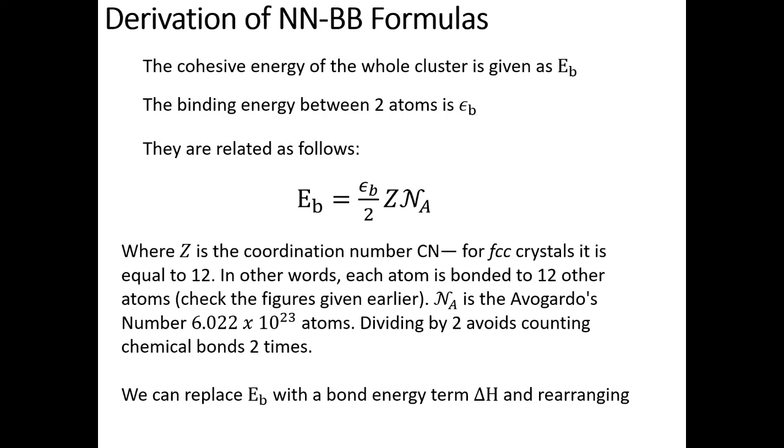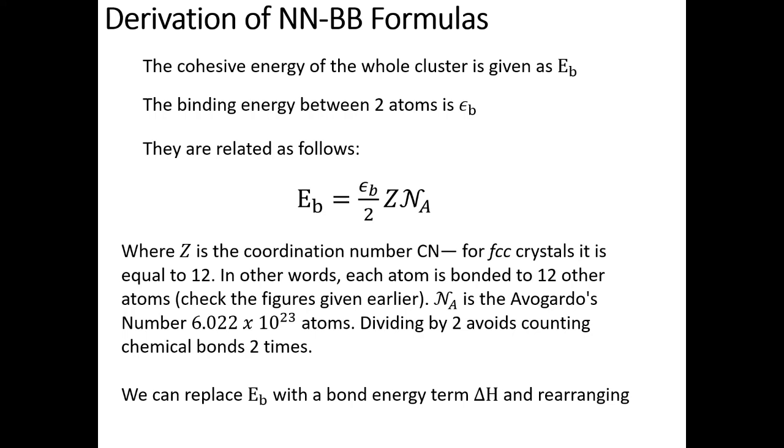And then Z is the coordination number. In our case, it will be 12. And A, of course, is Avogadro's number. Nothing new here. All right, so for an FCC crystal, Z is 12, and A is 6.022 times 10 to the 23rd.